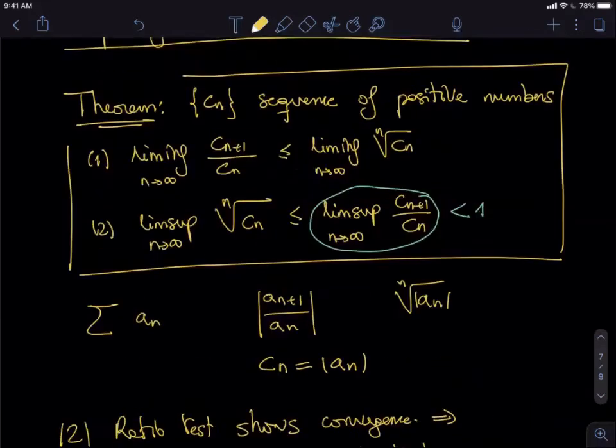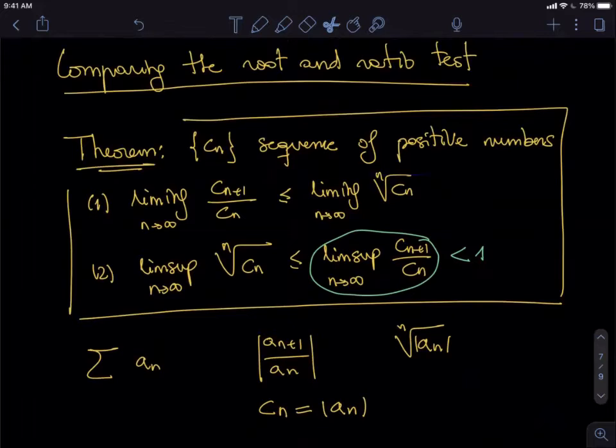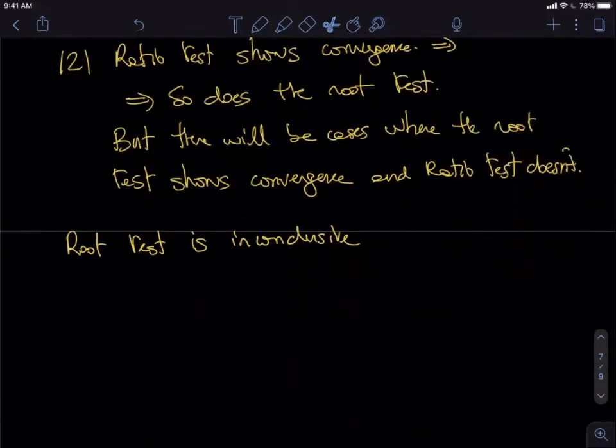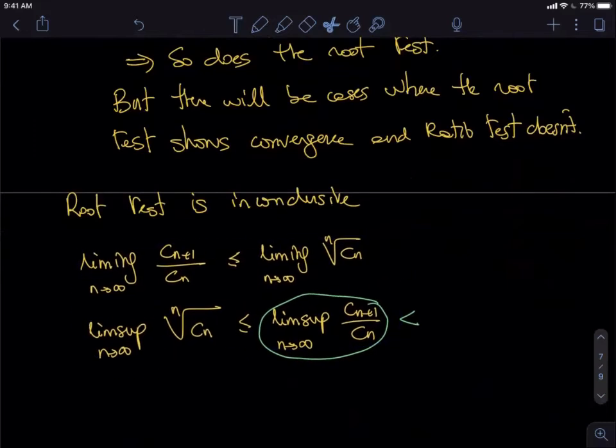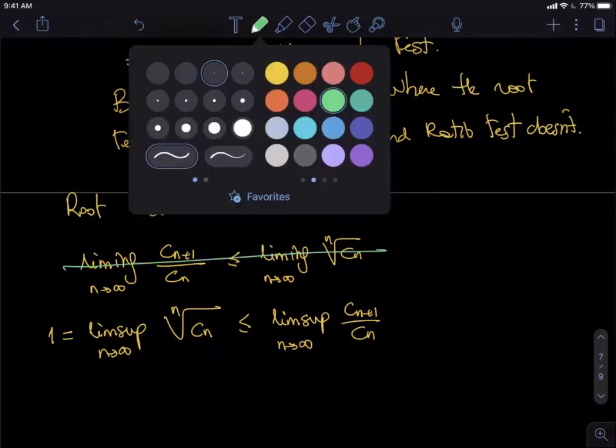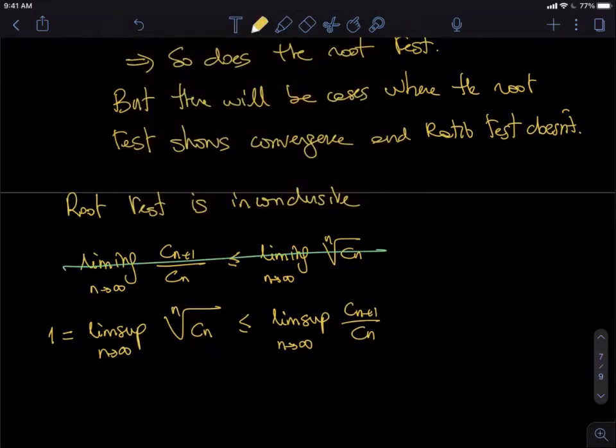okay, looking at 1 and 2, that I'm going to copy paste. What do we have? So we have that the lim-sup is going to be equal to 1. And actually, we don't need the first equation, so let's cross it out. And then if we read here, what do we see? We see that the lim-sup of the ratio is bigger or equal than 1.